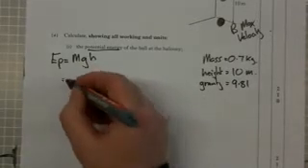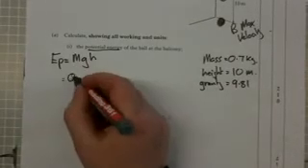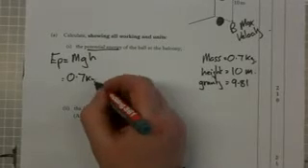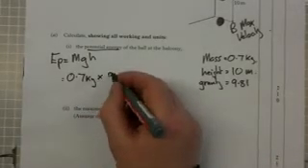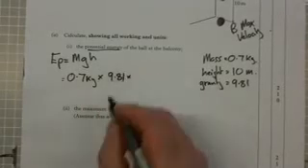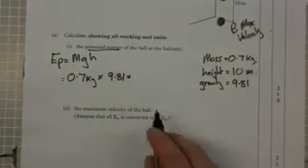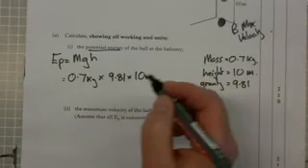So the first thing we put in is the mass, 0.7 kilograms. Then we put in gravity, 9.81, and then finally we put in the height, 10 meters.